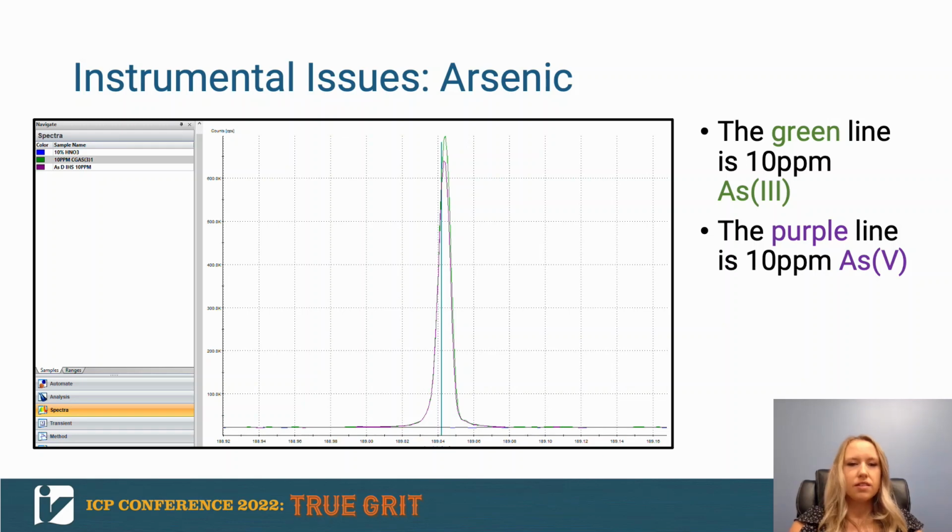We found this consistently to be about 3 to 6% higher counts for arsenic 3 versus arsenic 5. So this is going to be really important if you have different forms of arsenic in your standards versus your sample, because that could cause a high or a low bias if they are in different forms.